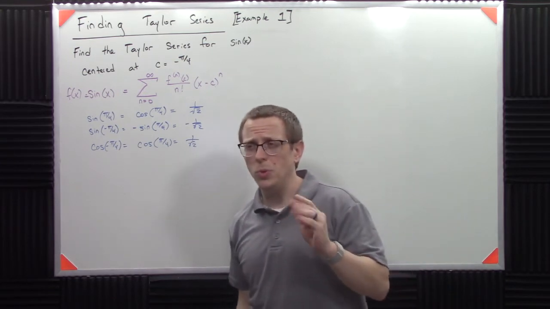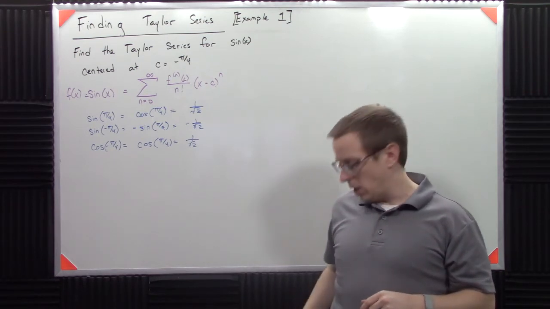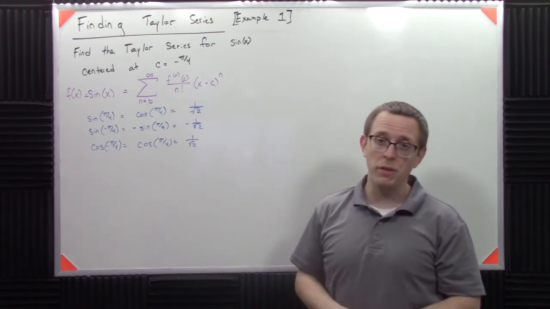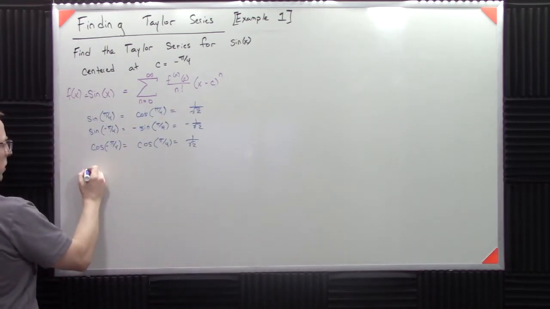And I'm going to do a little bit of a trick here, something that you wouldn't really know unless you did a lot of work. So I'm going to give you a little hint here, and that is that there's a pattern.